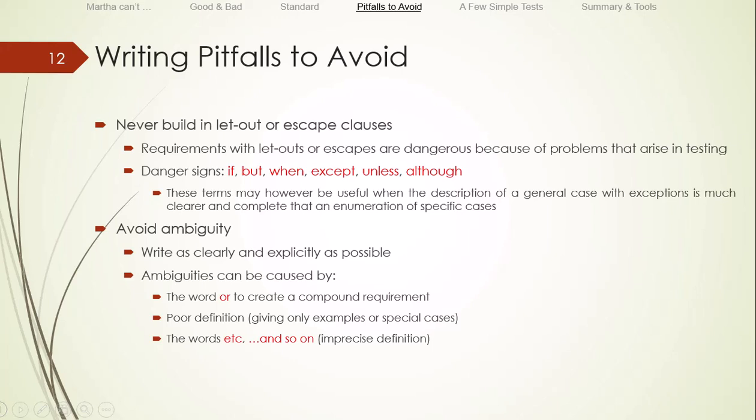What does etc. mean? How will a developer know? If you write etc. and so on, a developer can assume that some of the requirements are necessary, but not all of them, because we are putting and so on. So there can be many possibilities. So avoid these words.